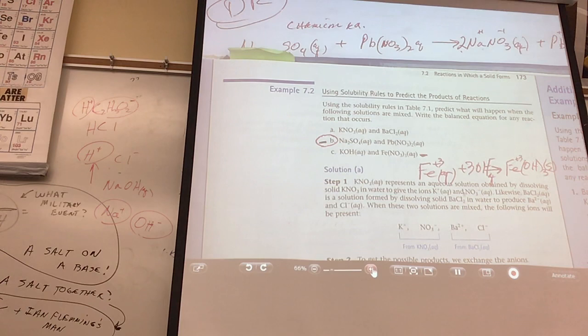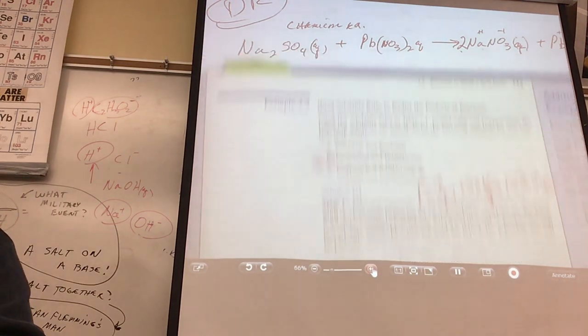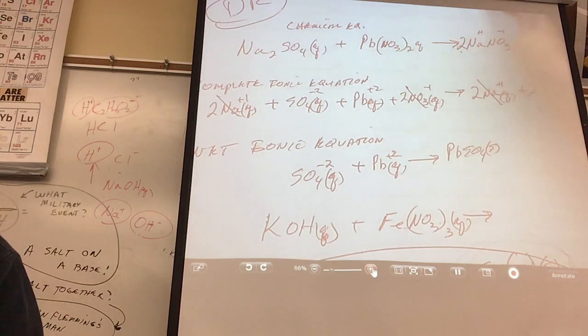Barium nitrate. So there's no net ionic equation. What does that mean? It's a big NR.